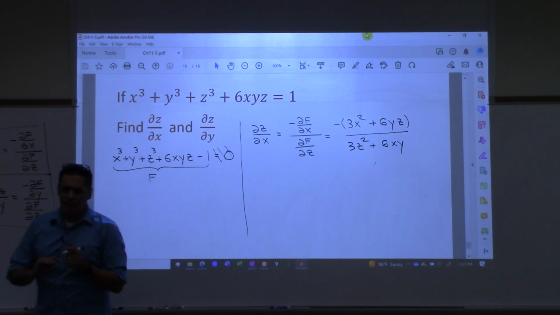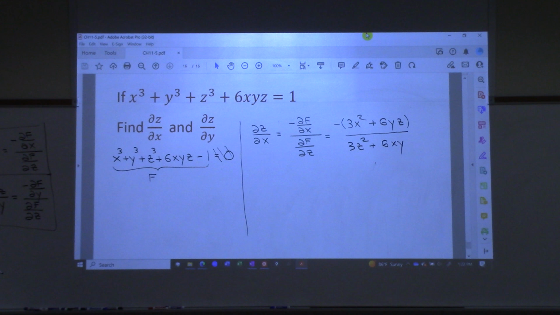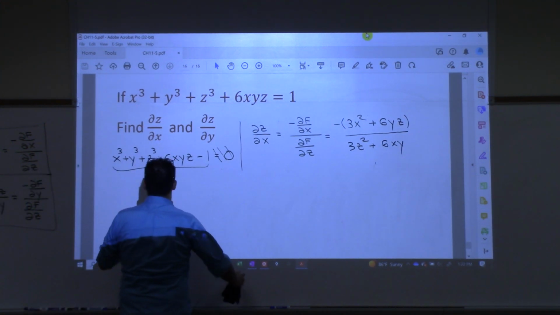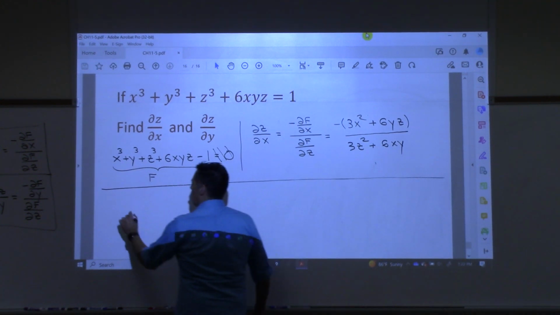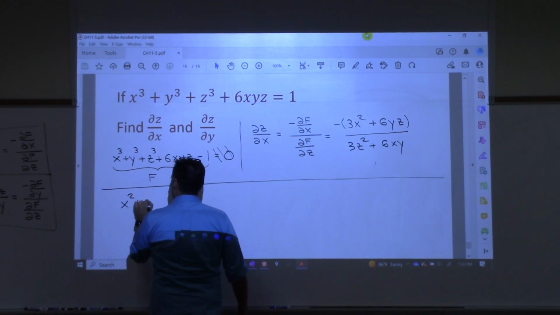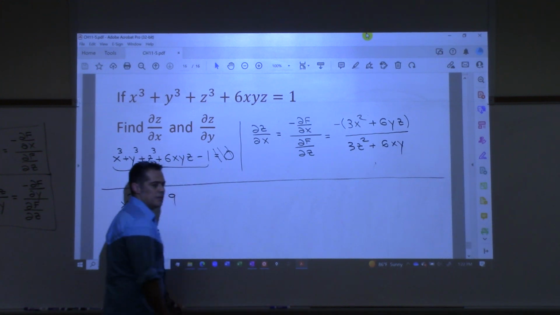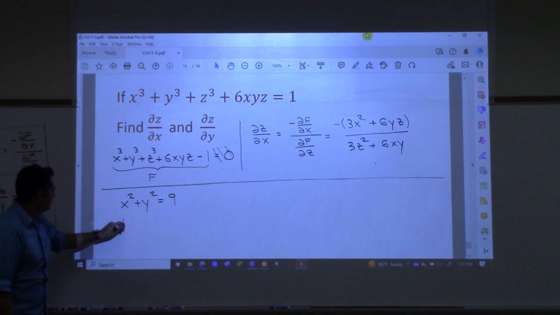So check this out. Let's see if we can wrap our heads around what's going on here. I'm thinking, how far do I want to go back? Let me go back a little bit, because I think you have to make a real good big connection here. Let's go back to Cal 1. Let's take this equation right here. It's a circle, radius 3.